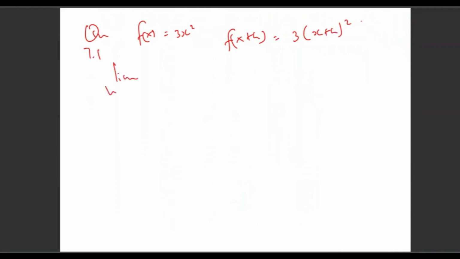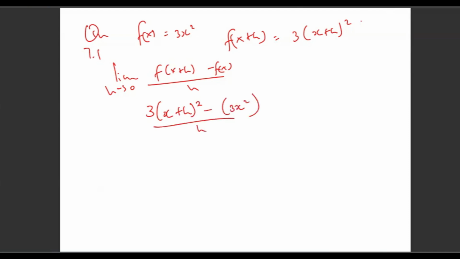We know that the limit as h tends to 0 of f of x plus h minus f of x over h. Okay. So we're going to have 3 into x plus h squared minus the 3x squared. This is over h with the limit as h tends to 0. We open this up.